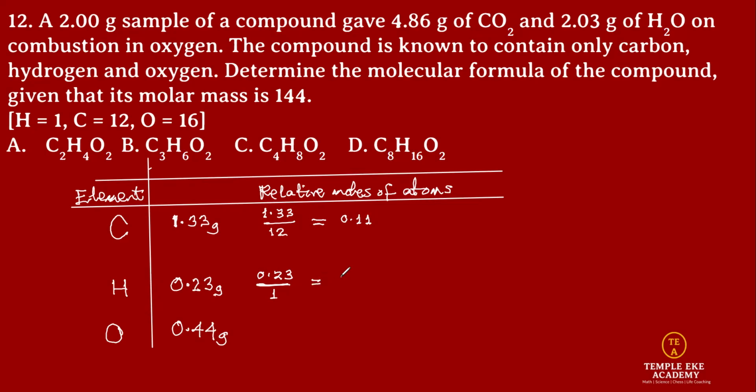Of course, that gives us 0.23. Finally, that of oxygen, 0.44, and we divide by the relative atomic mass of oxygen, which is 16. And this gives us 0.03. Each value to 2 decimal places. These are the relative moles of atoms. And finally, we get the simplest ratio of this by dividing by the smallest. So we have the simplest ratio.